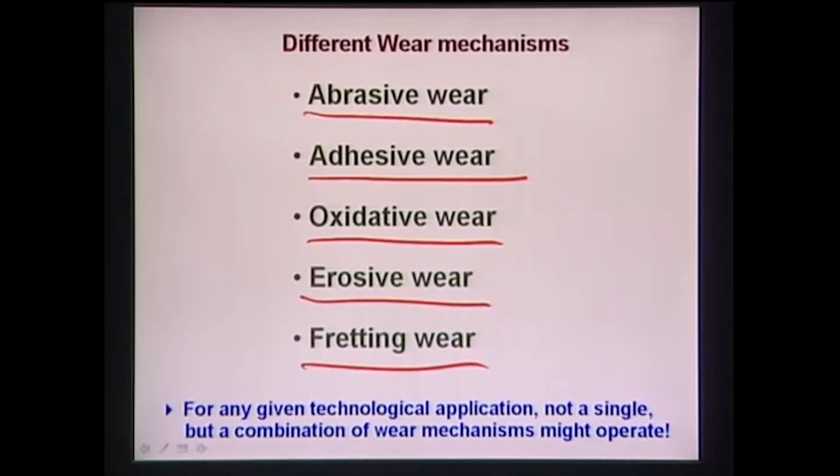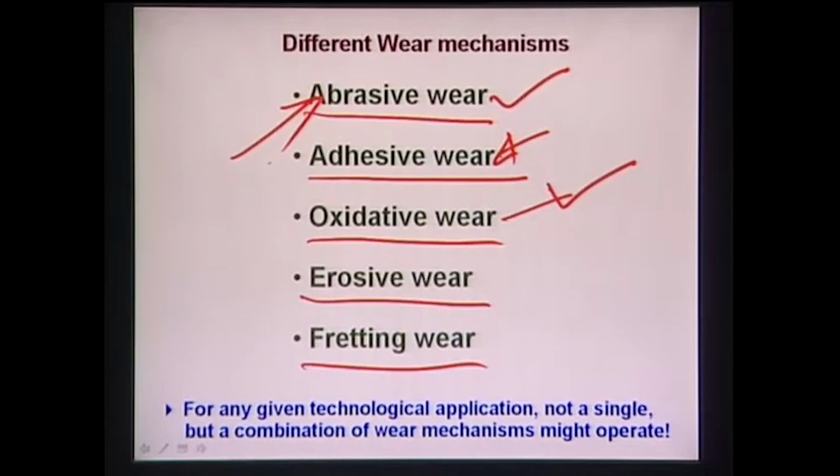Now for any given technological application, it is important to note that not a single mechanism but a combination of wear mechanisms might operate. It may be that abrasive wear is dominant, but you have some contribution from adhesive wear. At the same time, oxidative wear may be the dominant mechanism, but you have some contribution from abrasive wear.